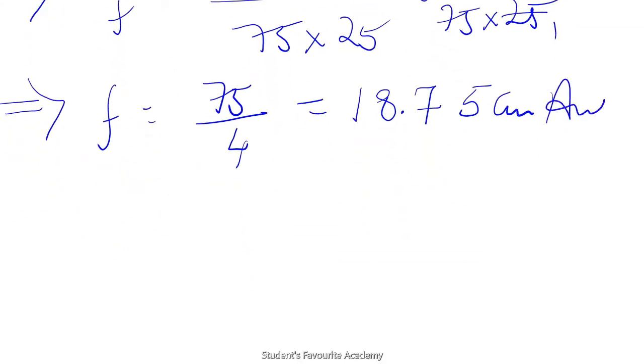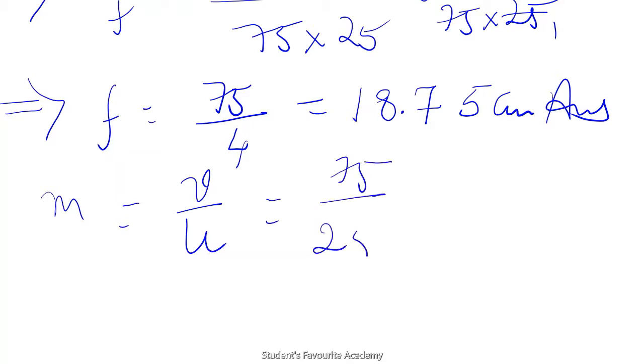Then magnification M is equal to V upon U, that is V is 75, U is minus 25, so it will be minus 3. So magnification is minus 3, which means what? The negative sign shows that the image is formed inverted and real.